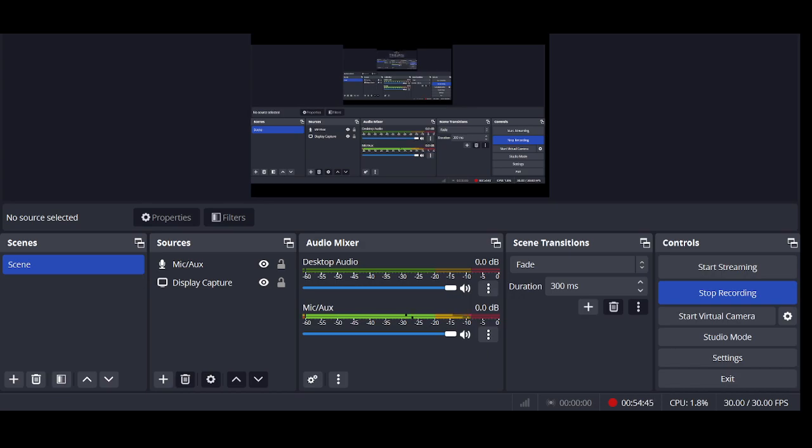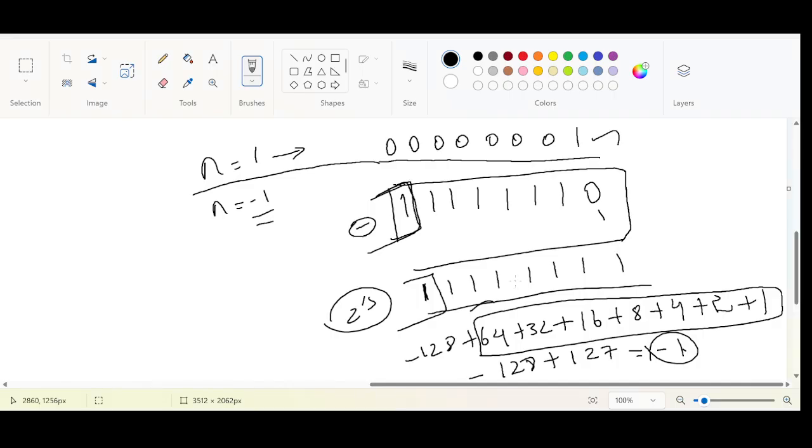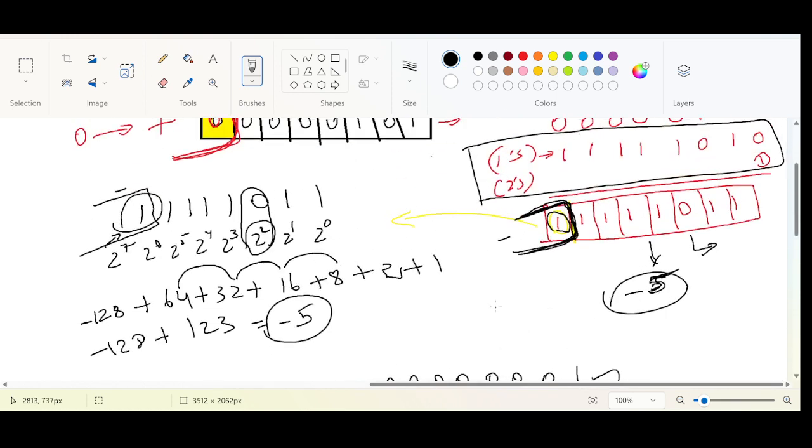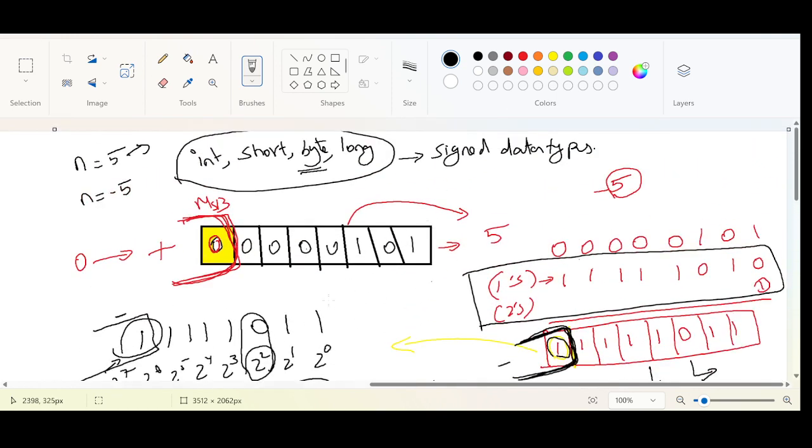Right? Because this understanding is important to understand the bitwise complement operator. That's the reason why I have just explained how to find the negative value, or how to represent the negative number in the form of binary. Why do they call it signed data types? Because of this they call it signed data types, because these data types should be capable enough to store both positive numbers as well as negative numbers.